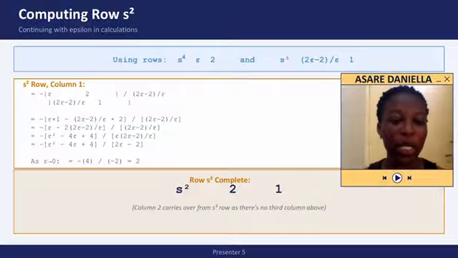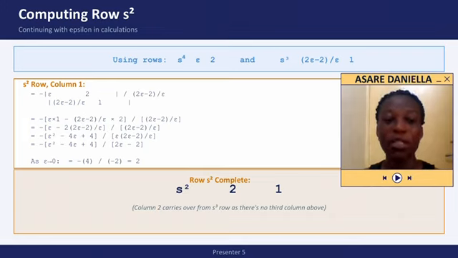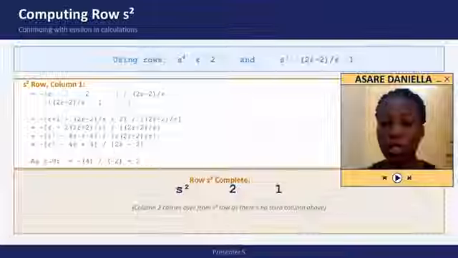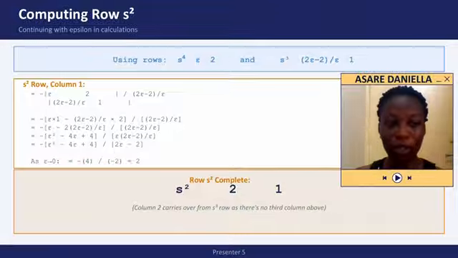So we have epsilon plus 4 over epsilon, divided by negative 2 over epsilon. To divide by a fraction, we multiply by its reciprocal. So now we have epsilon plus 4 over epsilon, times negative epsilon over 2.